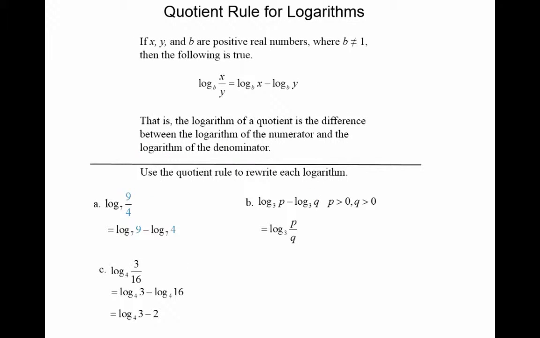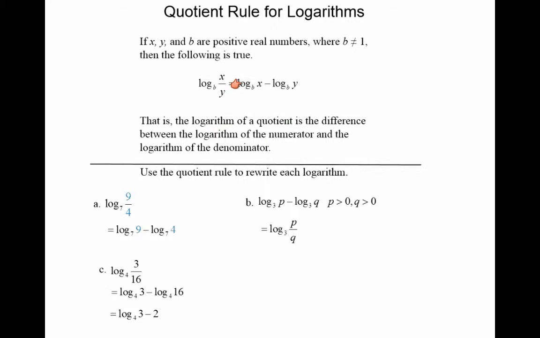Quotient rule of logarithm. If x, y, and b are positive real numbers, where b cannot be equal to 1, then the following is true. Log of x over y, the base b, is the same as log of x minus log of y.